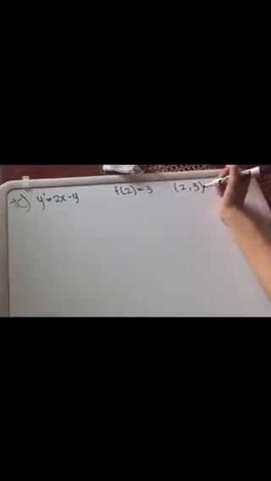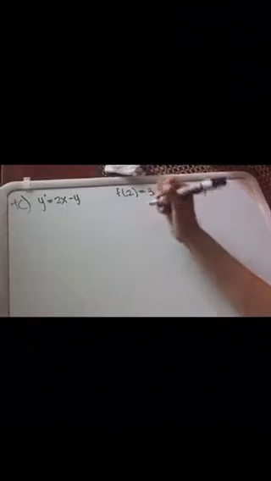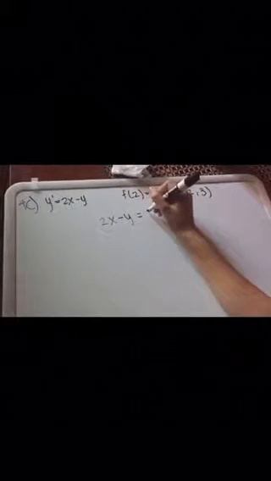For 4c, we're trying to find if this is a minimum, maximum, or neither according to our initial condition. So we're going to start by setting our derivative equal to 0, and we're going to plug in our x's and our y's.